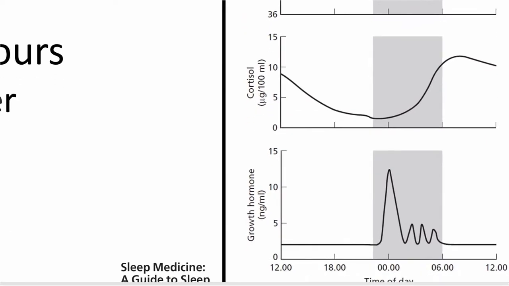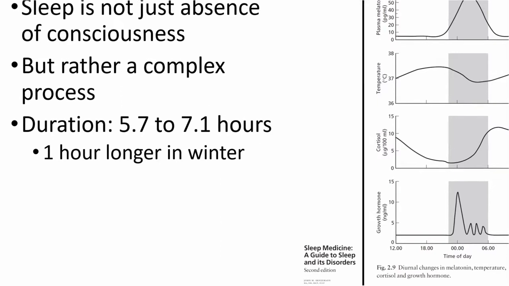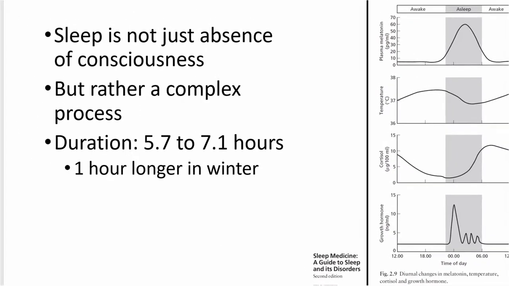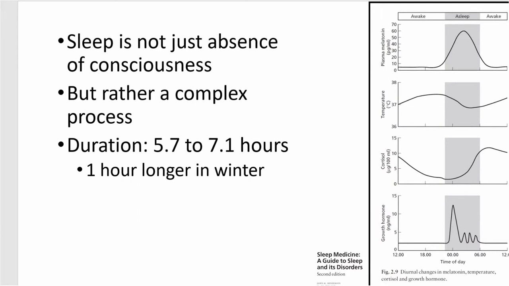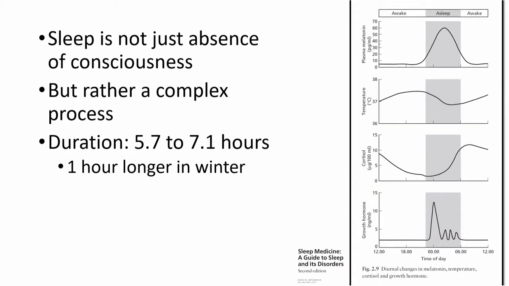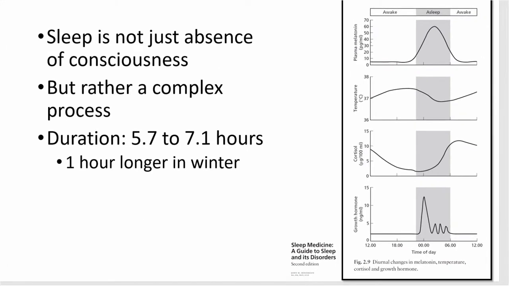Growth hormone behaves in a particular way. So the bottom line is you don't have to know any of this or all of this, but know that sleep is not just a state where you're not conscious. There are a lot of different physiological things that are happening.